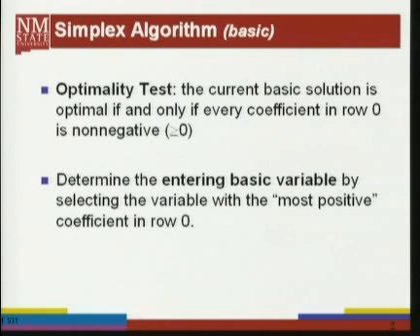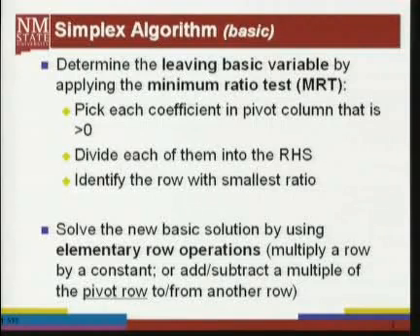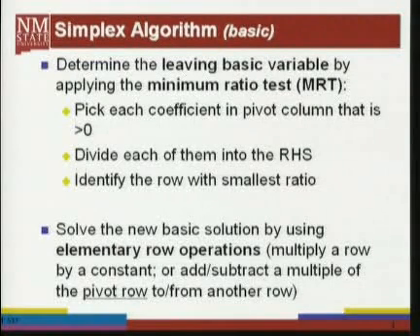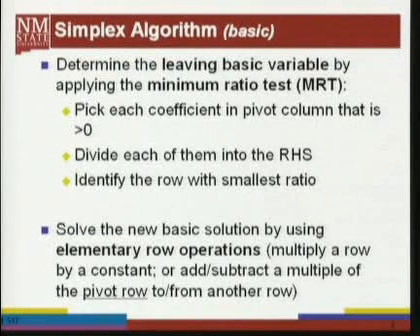Then the current basic solution is optimal. Otherwise, we need to determine the entering variable and then determine the leaving variable by applying the minimum ratio test, they call it. And then solve the new basic solution by using elementary row operations, okay, until you find the optimal solution.